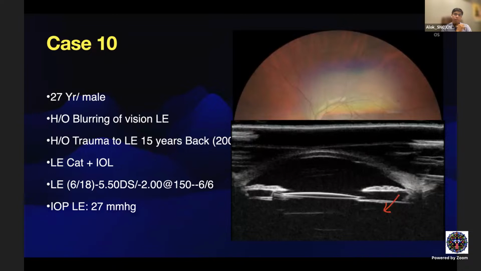We did a UBM, and what it showed was that one of the lens haptics was touching the iris. The lens was slightly tilted, and one of the haptics was touching the iris, and this gave us the clue that this could be a case of UGH.